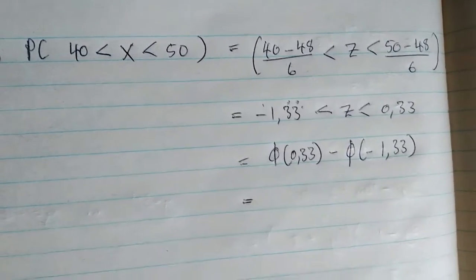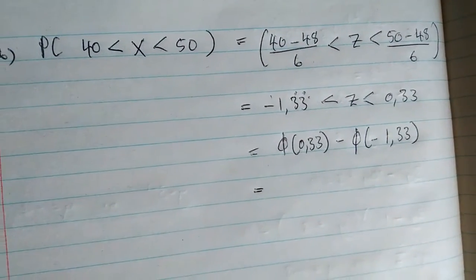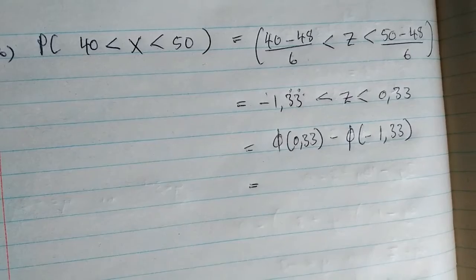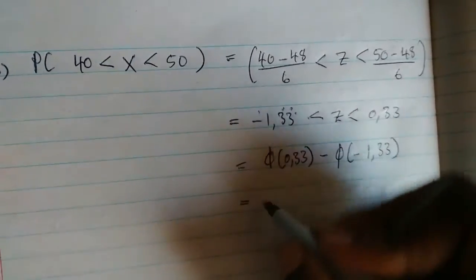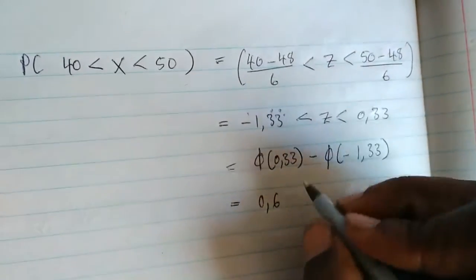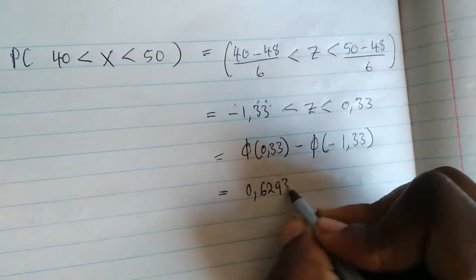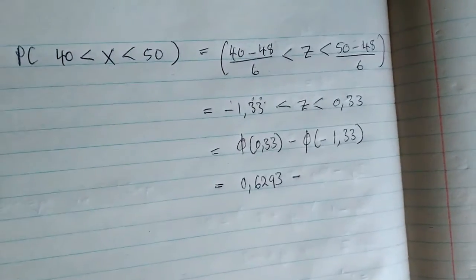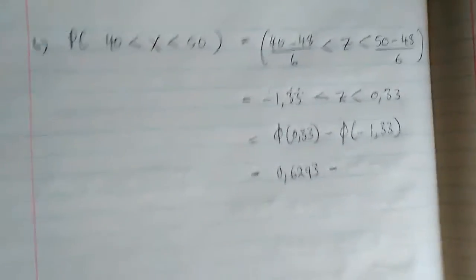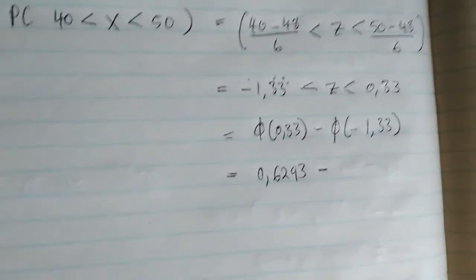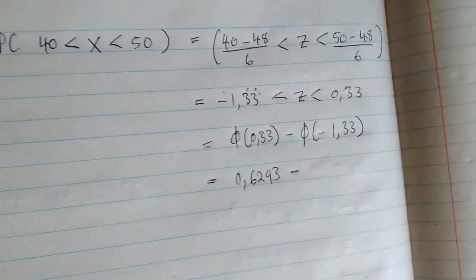If we look at our statistical tables, we will see that phi 0.33 is equal to 0.6293. For phi negative 1.33, we need to look in our statistical table.